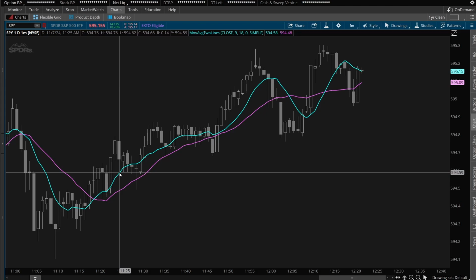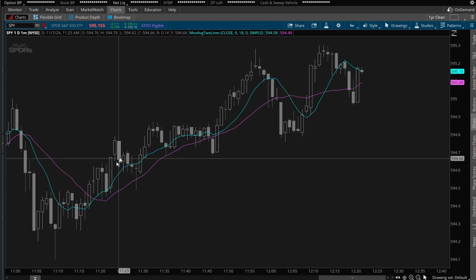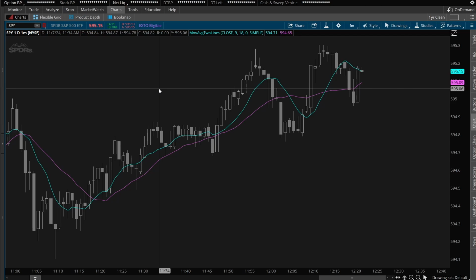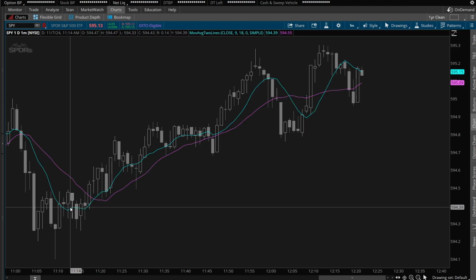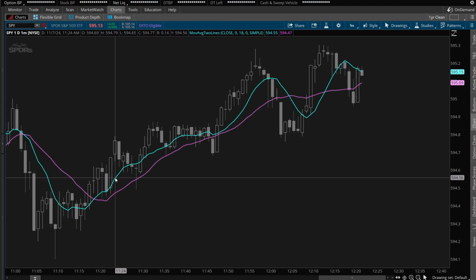One other thing to note is that once you start using different time periods, you'll get something people refer to as a golden cross or a death cross. The golden cross is when the short period crosses above the long period. That is seen right here. Our short period crossed above the long period. That is what is called a golden cross.